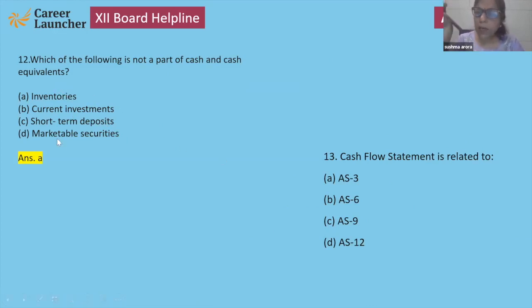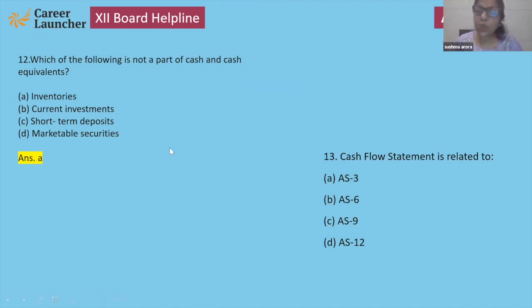Yes. See, bank balance, cash balance, current investment, short-term deposits, marketable securities, all are equal to cash. Okay, but inventories are not equal to cash or cash equivalent.